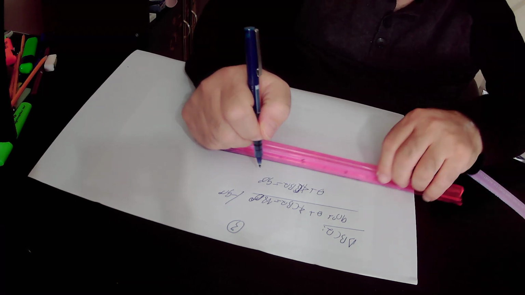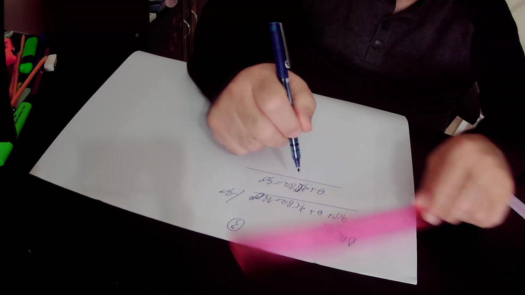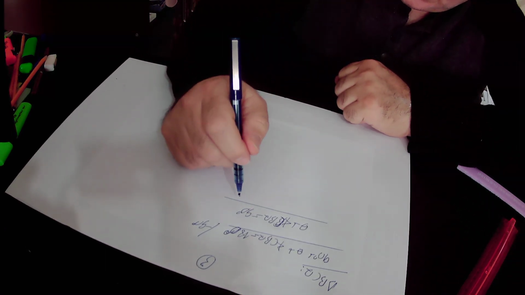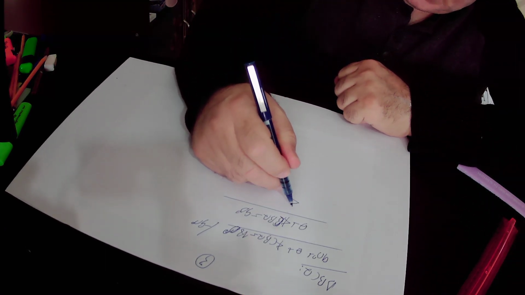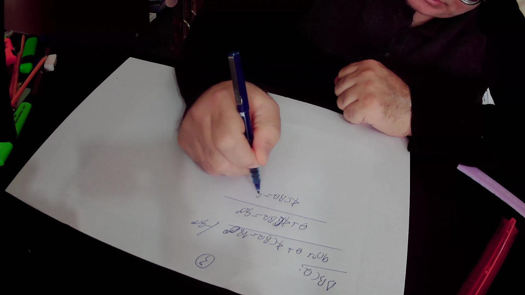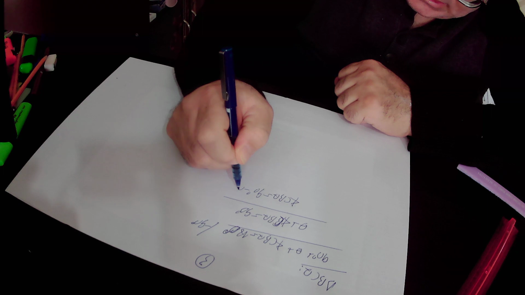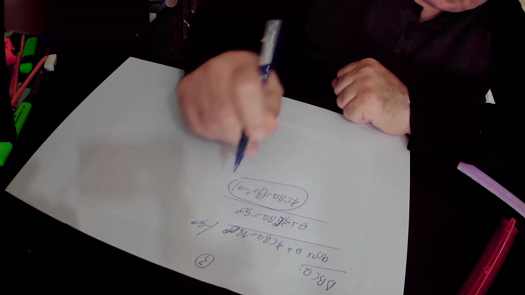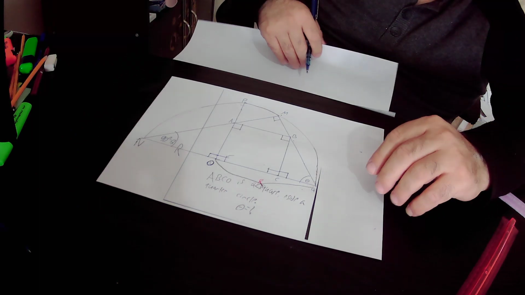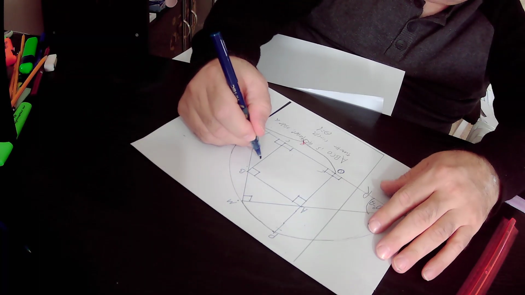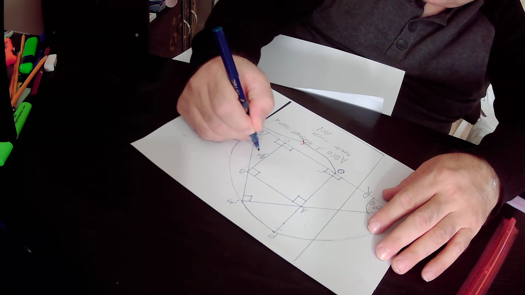Okay, we subtract theta from this equation, and we get that the missing angle CBQ is equal to 90 degrees minus theta. So we found out that this angle CBQ equals 90 degrees minus theta.